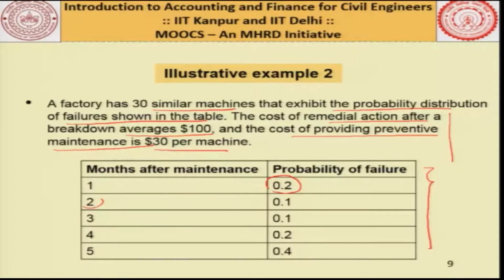Likewise, 2 months after the maintenance, the probability of failure is 0.1, 3 months after maintenance, the probability of failure is 0.1, 4 months after the maintenance, the probability is 0.2, 5 months after maintenance, the probability is 0.4. These data have been captured based on past experiences.